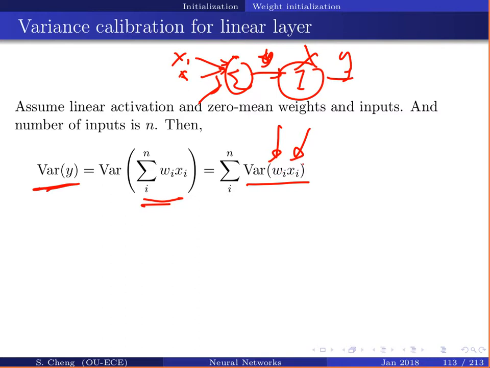This is reasonable. The weight should not depend on your inputs, at least at the beginning, right? So how do you go ahead and simplify this equation?